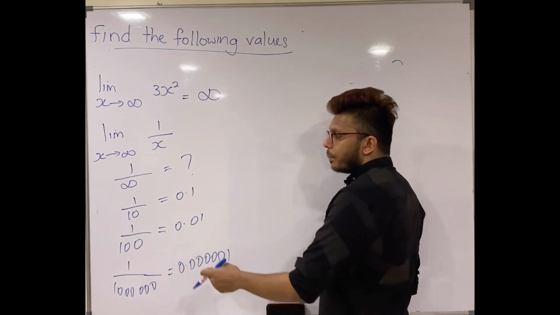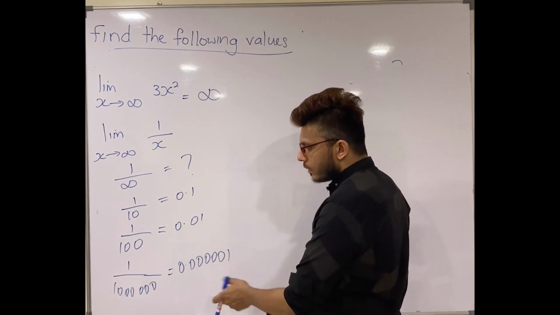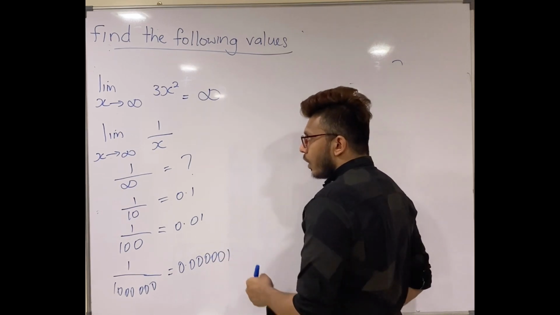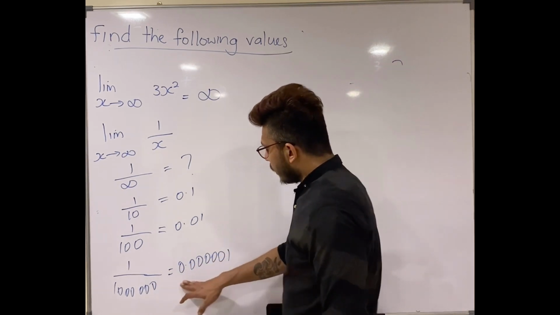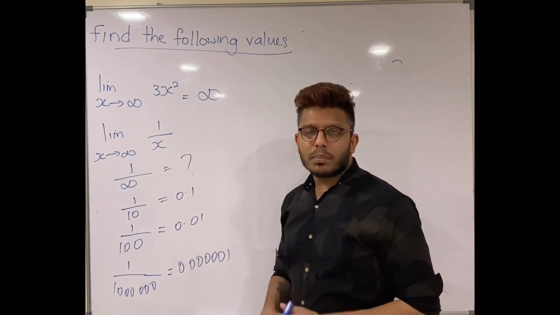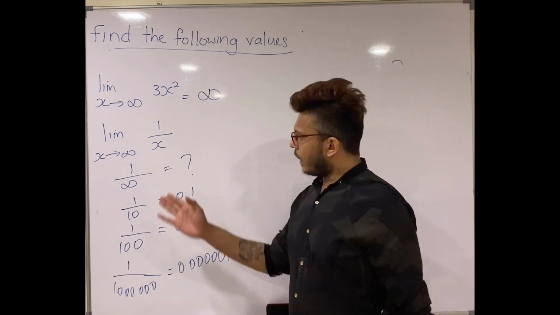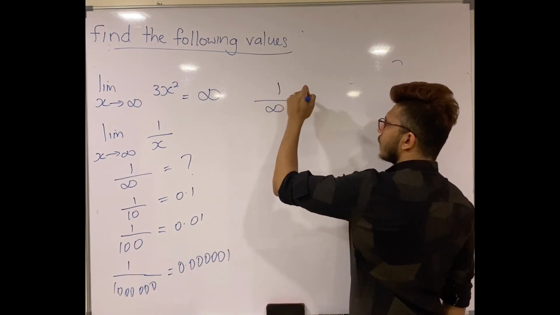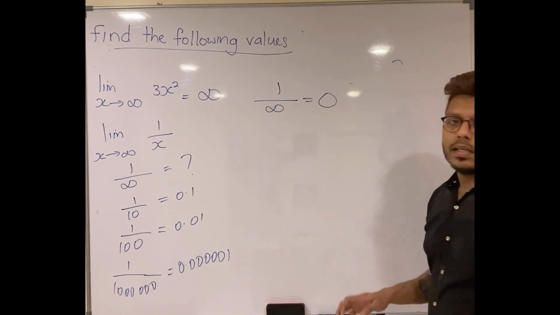Do you realize the bigger the denominator gets, the answer is approaching 0 and it's getting much, much closer to 0. So imagine if for 1 million it's already so close to 0, what more when you have infinity, a number which is extremely large? So the answer is definitely going to be equal to 0. Easy.